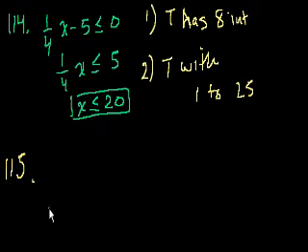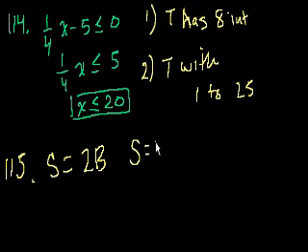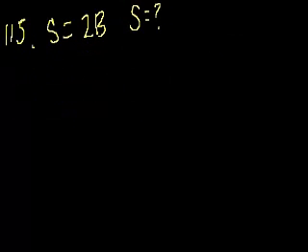All right, 115. If Sarah's age is exactly twice Bill's age, what is Sarah's age? So they want to know Sarah's age. S for Sarah's age. Statement 1 says, 4 years ago, Sarah's age was exactly 3 times Bill's age.